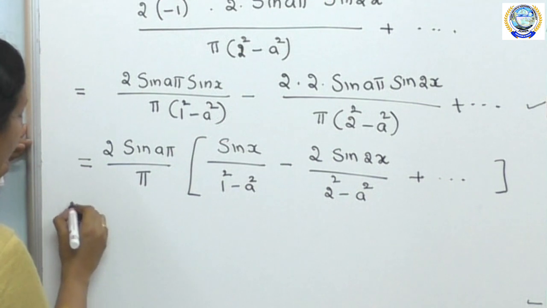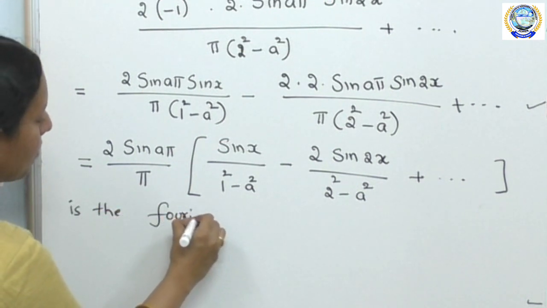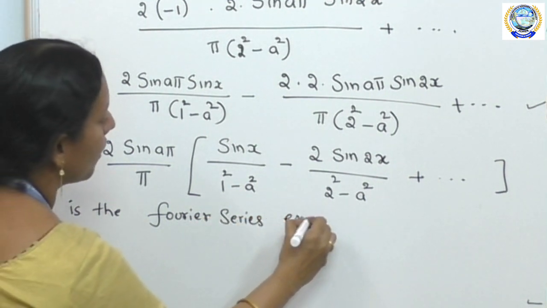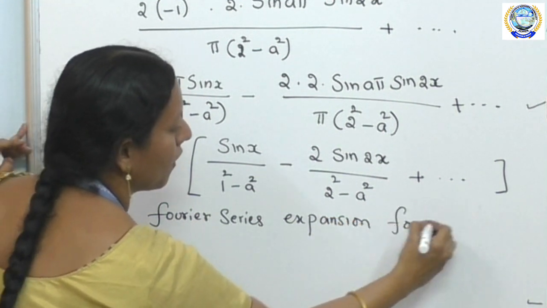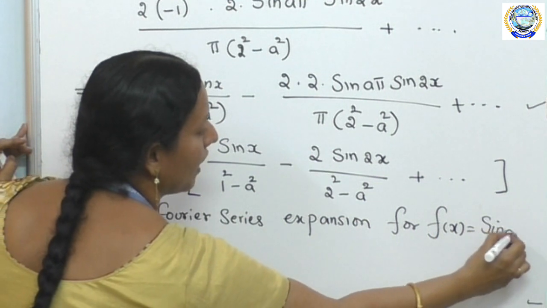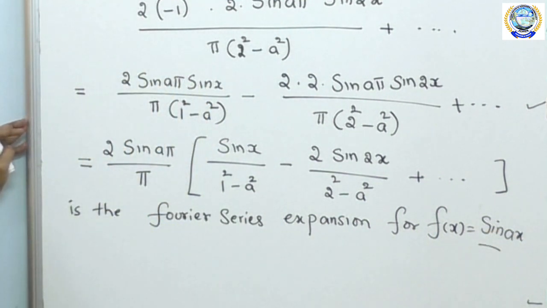This is the Fourier series expansion for f(x) equals sin ax in the interval −π to +π. Is it clear?